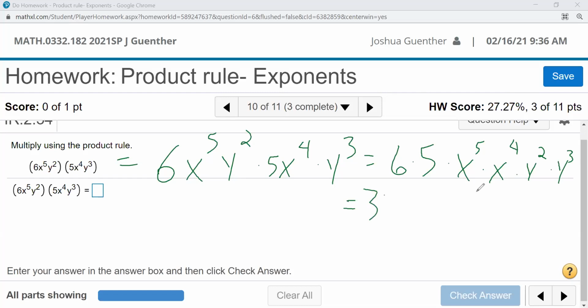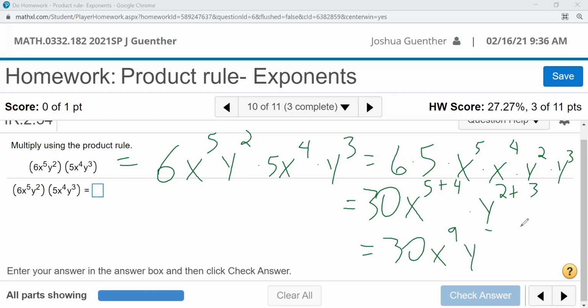Six times 5 is 30. X to the 5th times x to the 4th, they have the same base, then we'll just add their powers. So that becomes x to the 5 plus 4 power, y to the 2 plus 3 power, and that's all she wrote.